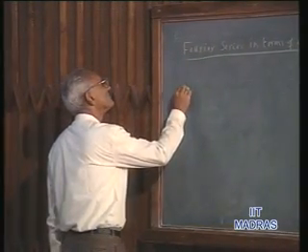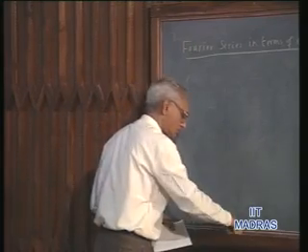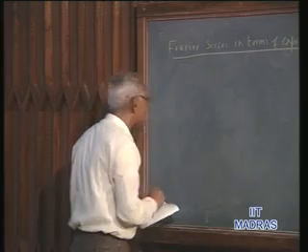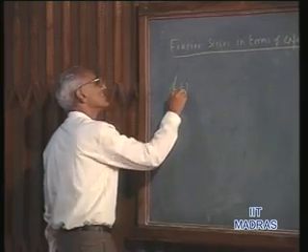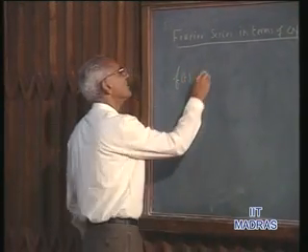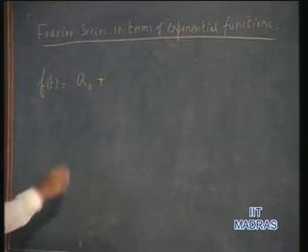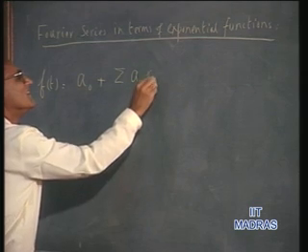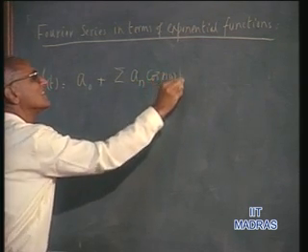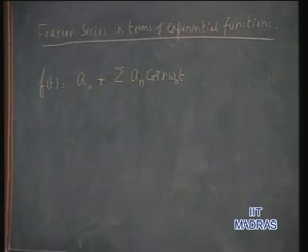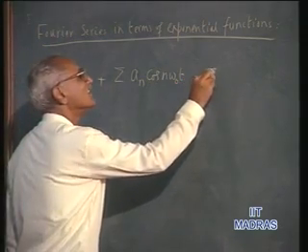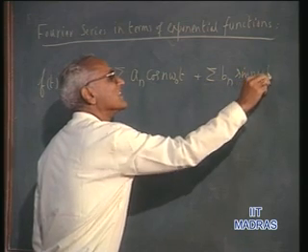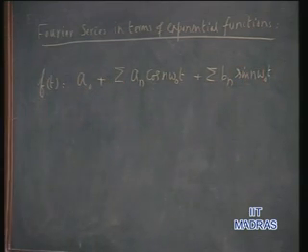You recall that f of t we had written in terms of trigonometric functions as a naught plus the sum of cosine terms plus bn sin n omega naught t, the sum of sine terms.